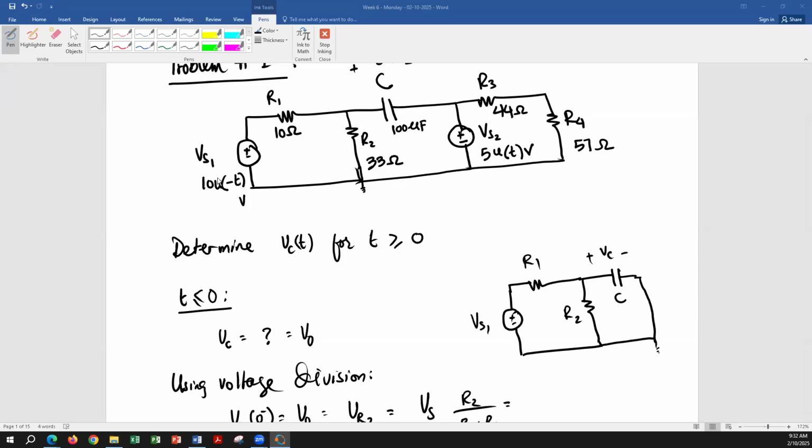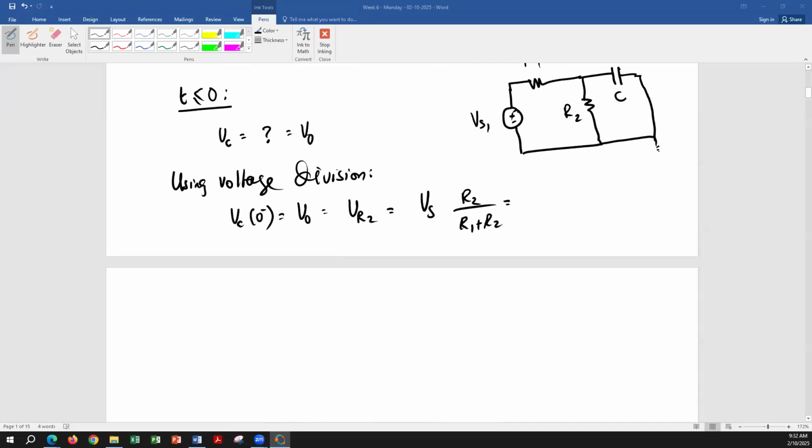Okay. Now my V0 is Vs1 times R2 divided by R1 plus R2, and that is 7.67. So that's my initial voltage across the capacitor.